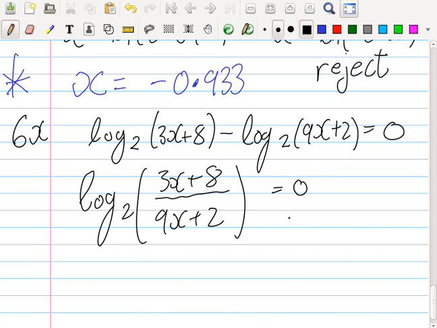Now, the fifth rule of logs, log of what number makes 0? 1. Therefore, think about this, that means this piece here must be equal to 1, because that's the only way you can make a 0. Log of 1 is 0. So this piece in the middle must be equal to 1.